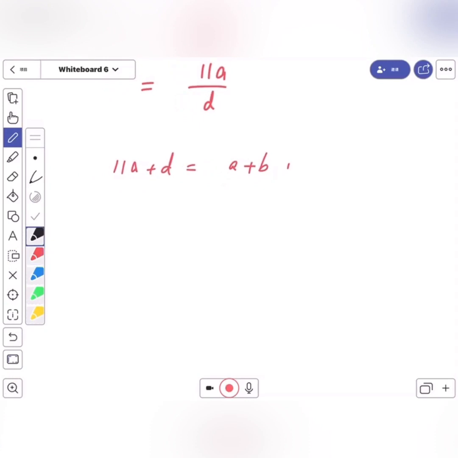We're gonna get 11a plus b over 5 is gonna be equal to a plus b. So 10a is equal to b times 4 over 5. So this gives us a over b is equal to 4 over 50, which is 2 over 25.